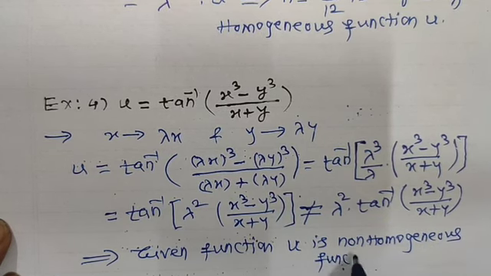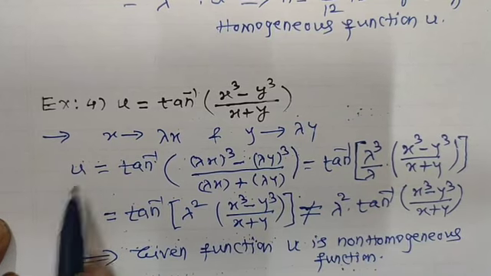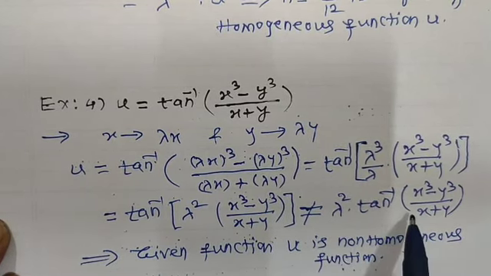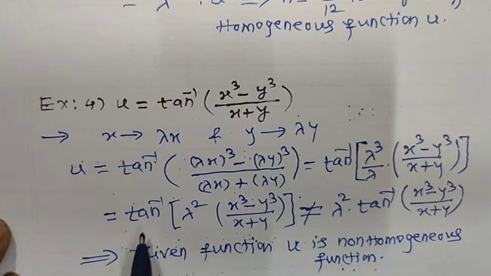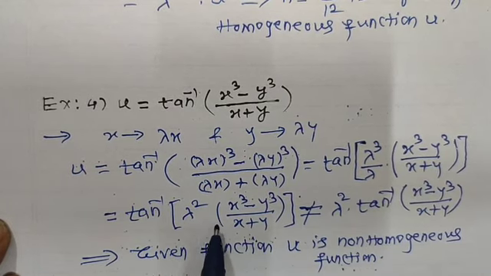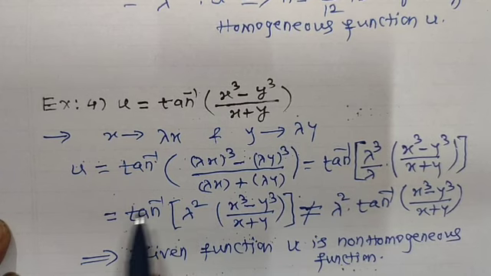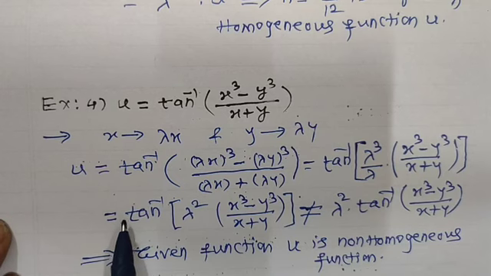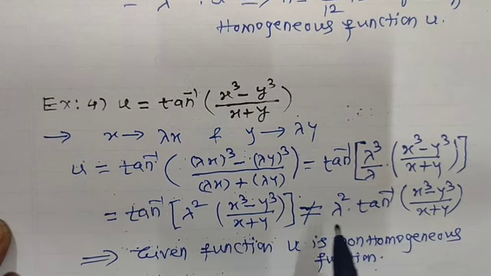Okay, remember this point, because the given function u we can't express in this form. After simplification we get this one, lambda square is inside this function. This lambda square we can't transfer outside the tan inverse function. So the given function is non-homogeneous.